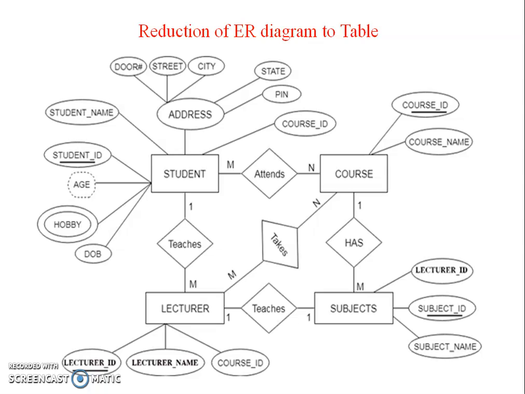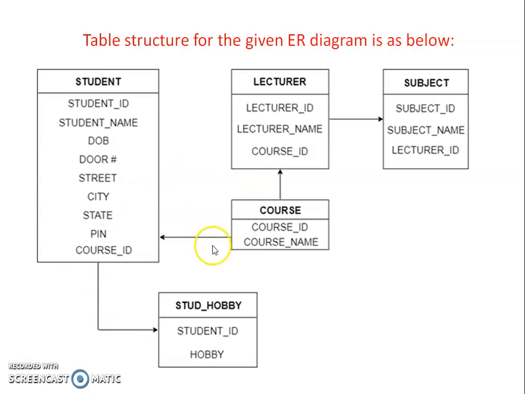In the student table, age is the derived attribute, so it can be calculated at any point of time by calculating the difference between the current date and date of birth. By using these rules, you can convert the ER diagram into tables and columns and assign the mapping between the tables. Here is the table structure for converting an ER diagram into table format.